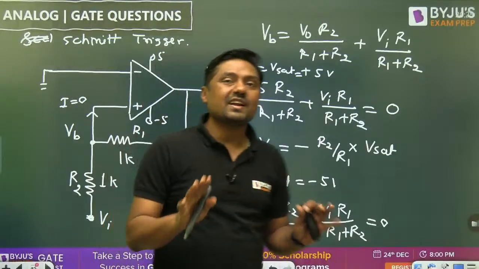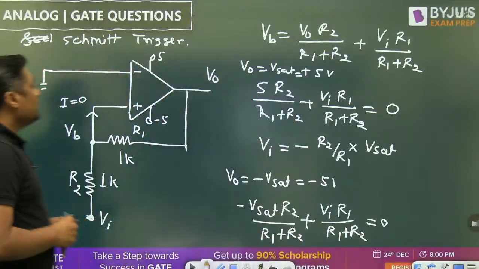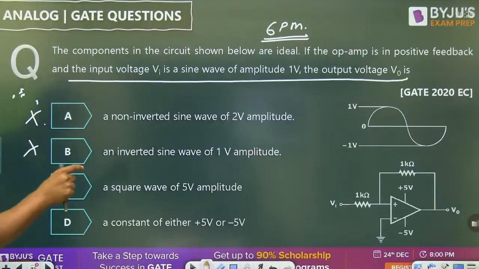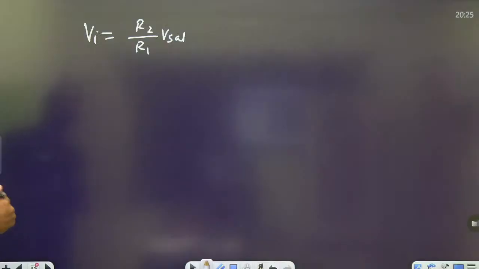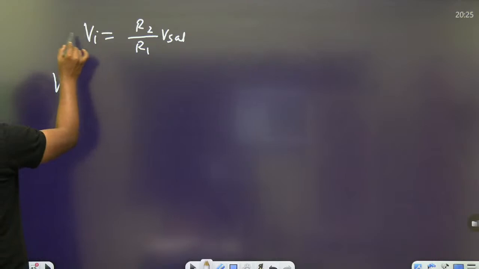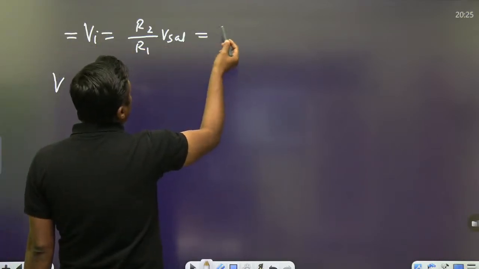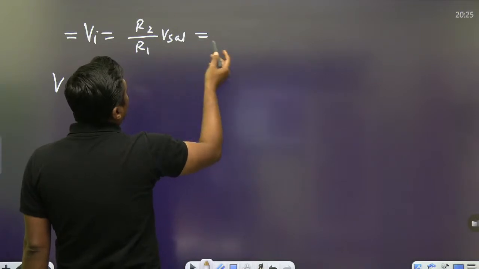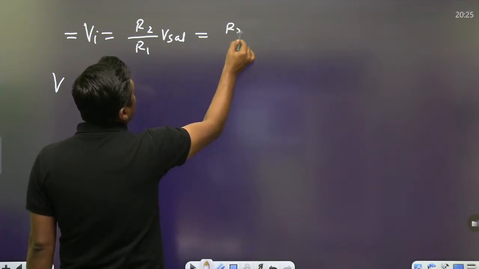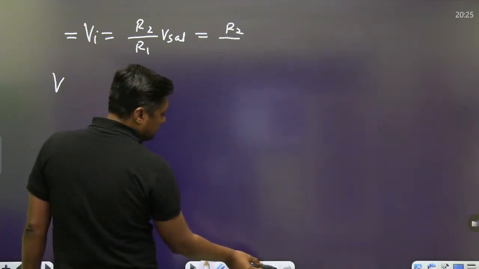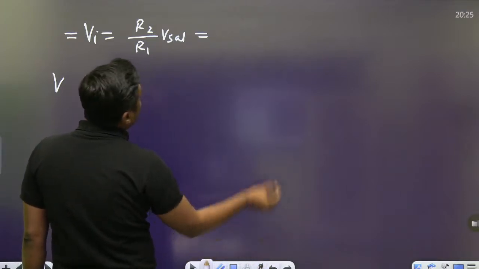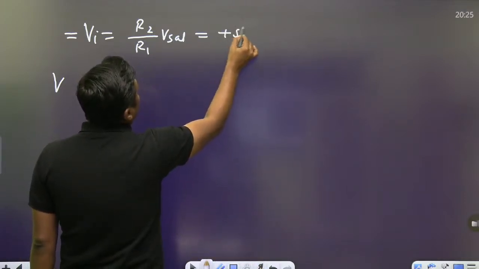Now, what is the standard answer for this question? For this diagram, remember one thing: upper threshold level. This is called the upper threshold because it is a higher value. So this is R2 upon R1. What is R2 upon R1? R2 is 1 kilo ohm, R1 is 1 kilo ohm. So R2 upon R1 will become 1. So this will become plus 5 volt.